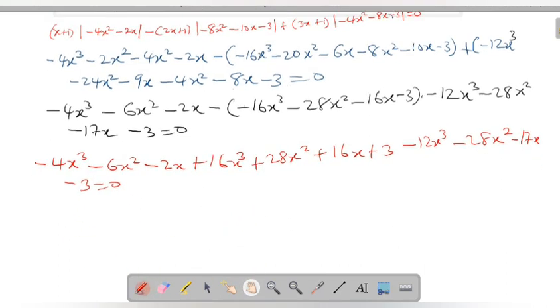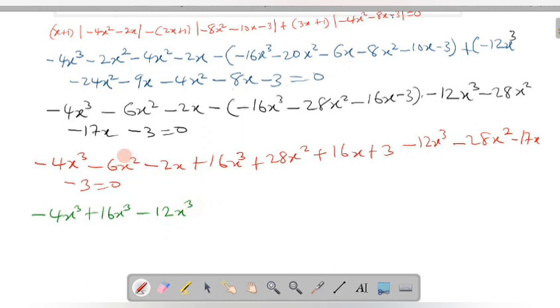The next thing to do is to collect like terms. These are like terms. So we have minus 4x cubed plus 16x cubed minus 12x cubed.